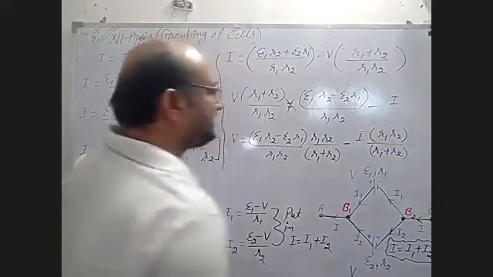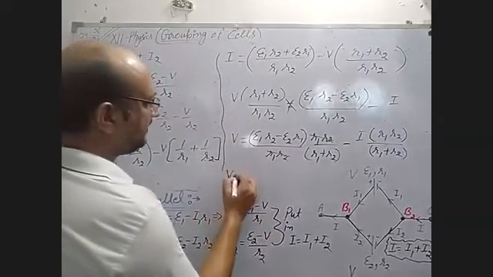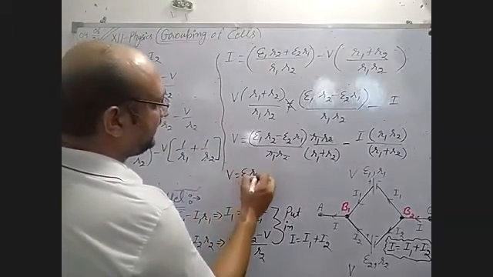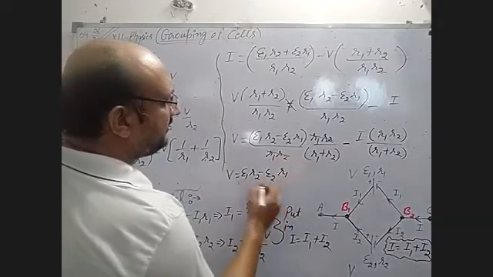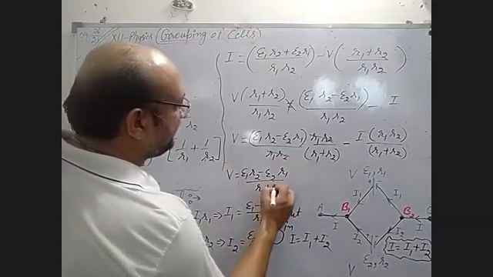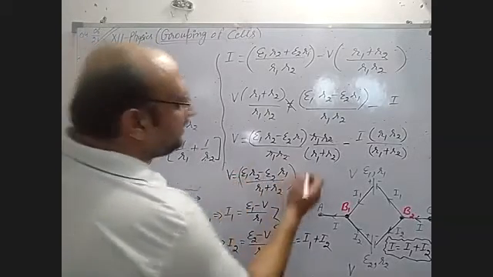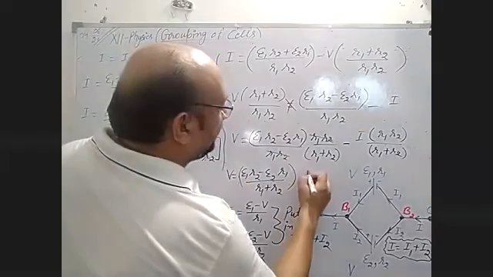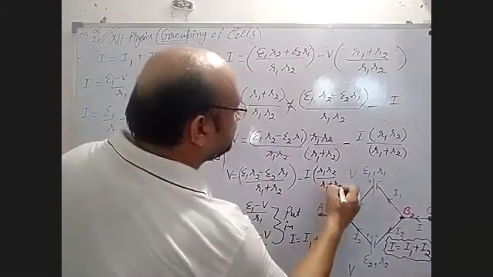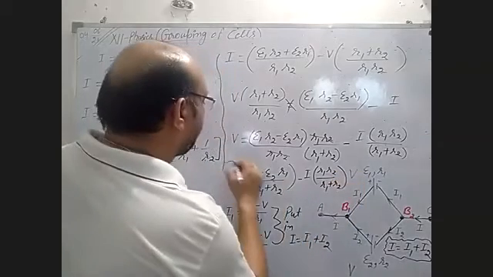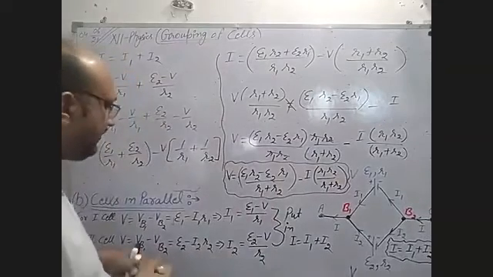Separately you have to write. Now R1 R2 cancel, and the left term is E1 R2 plus E2 R1 upon R1 plus R2, minus I R1 R2 upon R1 plus R2. Now this is the thing which you want to calculate.